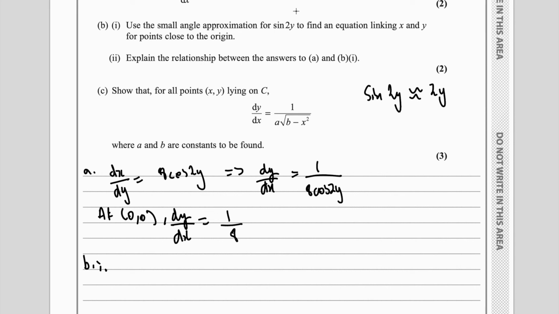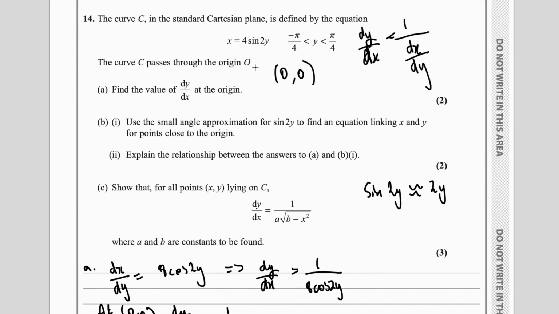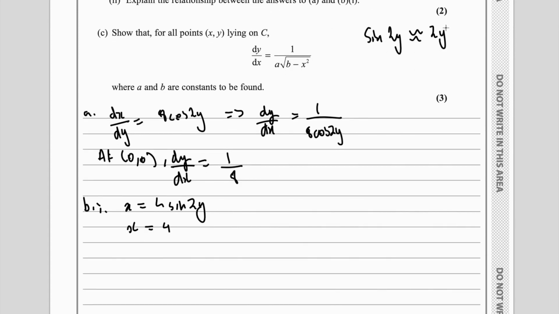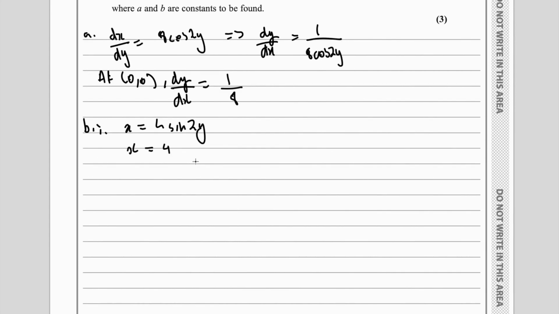Therefore, using a small angle approximation, if we know that x is 4 sin 2y, we can approximate that x is going to equal 4 times 2y, remembering that sin 2y can approximate to 2y when y is small and measured in radians, or when 2y is small and measured in radians. Okay, and what we get is x equals 8y. And if you wanted to get y on the left-hand side of the equation, you can get that y equals 1/8 x. So we almost get a straight line with gradient 1/8.